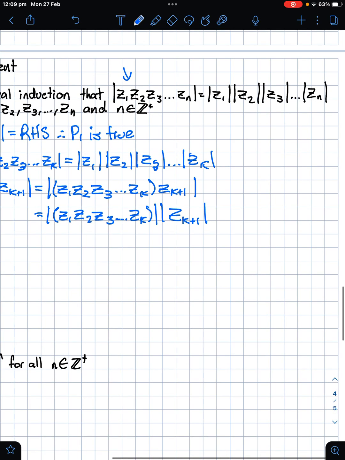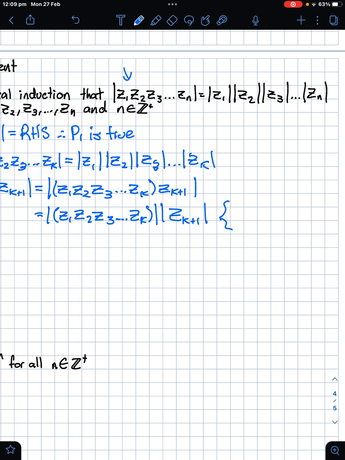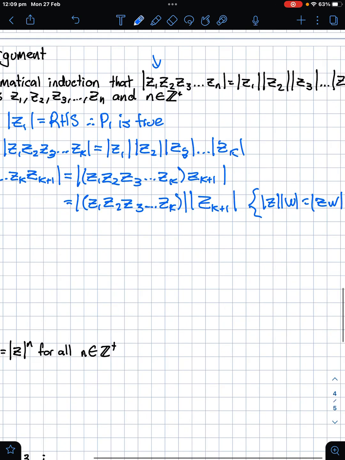We need to state our rule here, because we've actually used a rule, which is that the absolute value, the modulus, of two complex numbers multiplied together equals the product of their moduli. Then in this next one, we're going to swap out Pk.